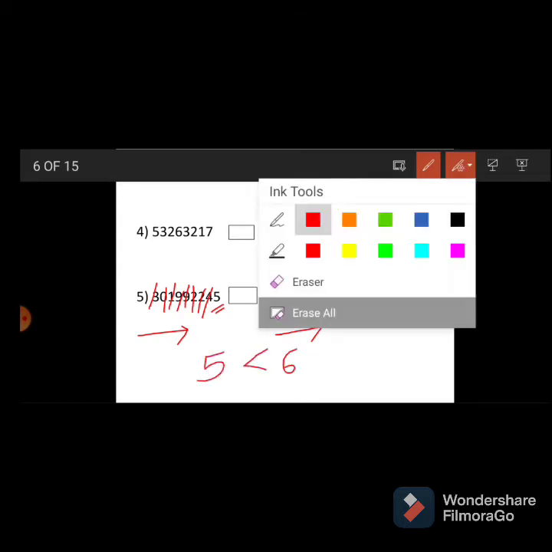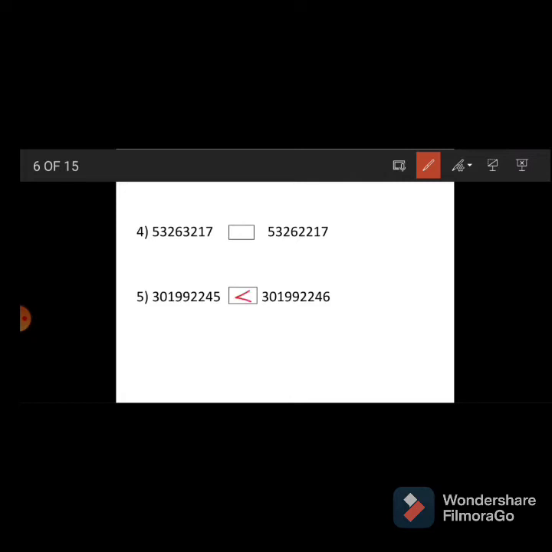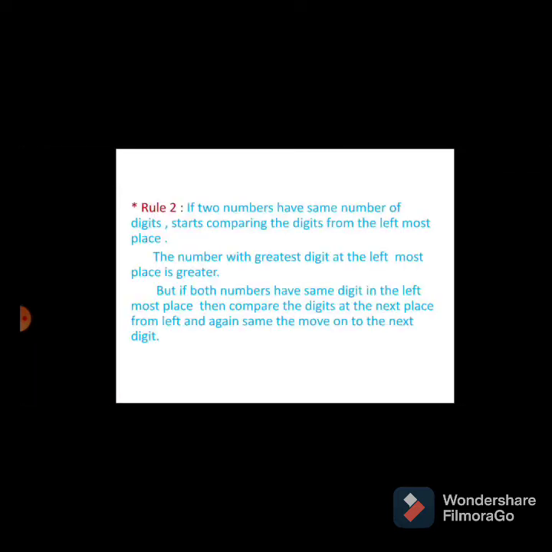So which number is greater? This number is greater, which means 30 crore 19 lakh 92,246 is greater than 30 crore 19 lakh 92,246. Okay, and from these examples which rule have we learned?